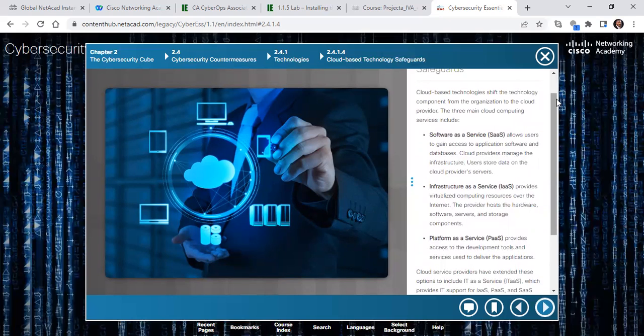All right. So SaaS, which is software as a service, allows users to gain access to application software and databases. Cloud providers manage the infrastructure, and users store data on cloud provider servers. Today, the reason a lot of people want to put all their work on the cloud is because there is always more security on the cloud than when you have it in your office.